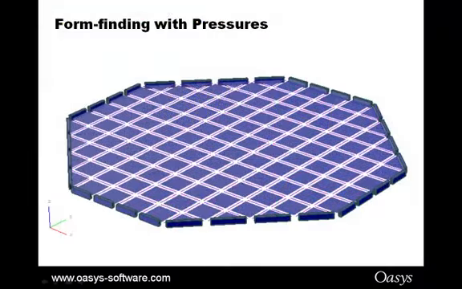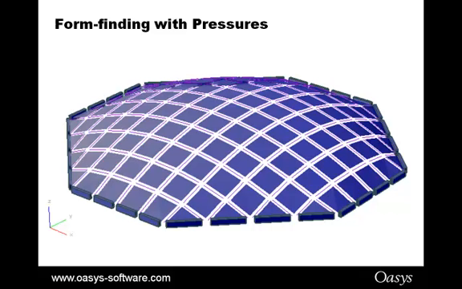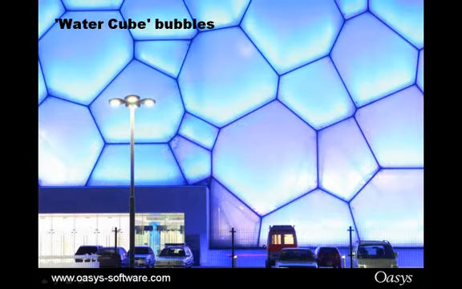You can also use pre-stress or pressures within the form finding. For example, if you're doing an ETFE foil bubble cladding, you include a pressure in the form finding, and you then get the initial shape. One famous example of this is the Water Cube bubbles. Water Cube structure itself, designed by Arup. The Water Cube cladding, designed by Vector Foiltec.